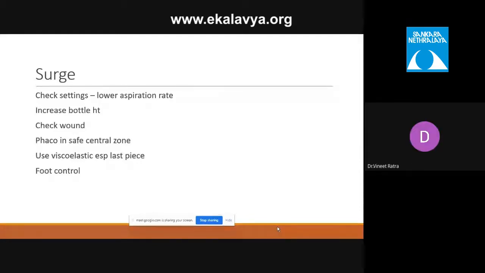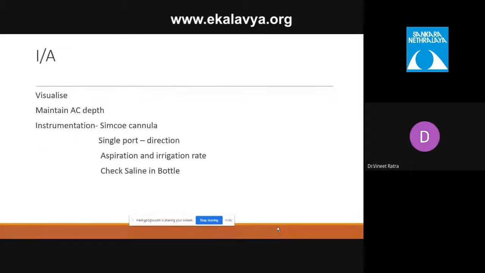So it's very important to understand what surge is. Surge is when your outflow is more than your inflow. So you either reduce your outflow or increase your inflow. You have to see what is causing it, and based on that, you decide.